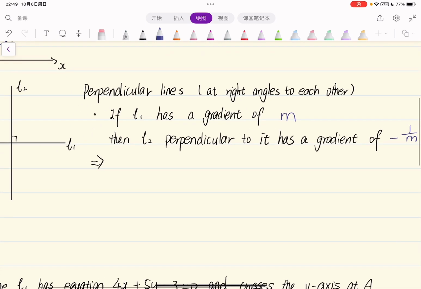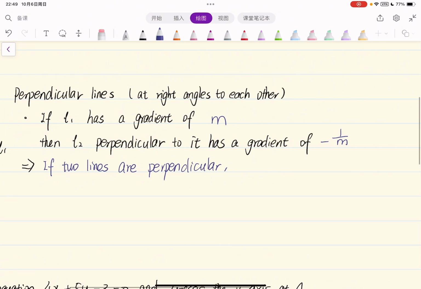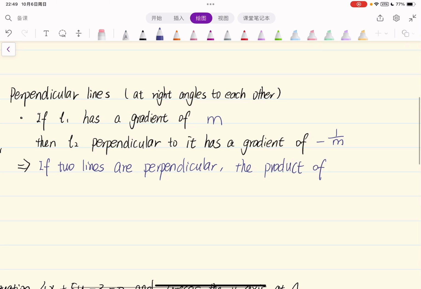This means that if two lines are perpendicular, the product of their gradients is -1.